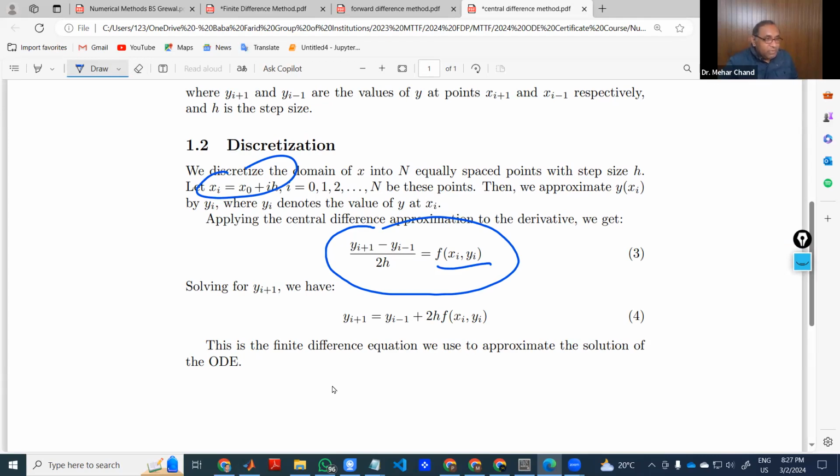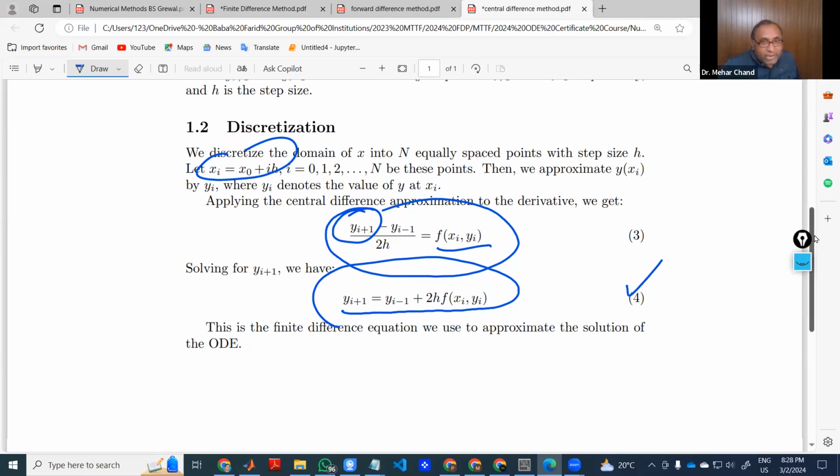We solve for yi plus 1, which will be equal to yi minus 1 plus 2h f xi yi. Now we need to apply this method to get the value of yi plus 1.